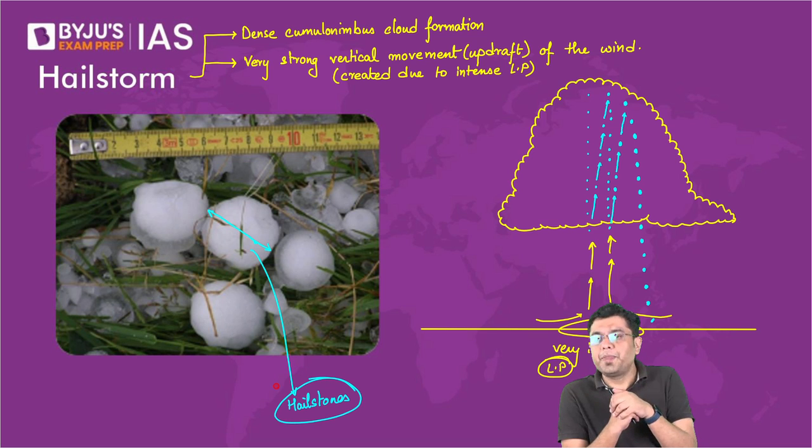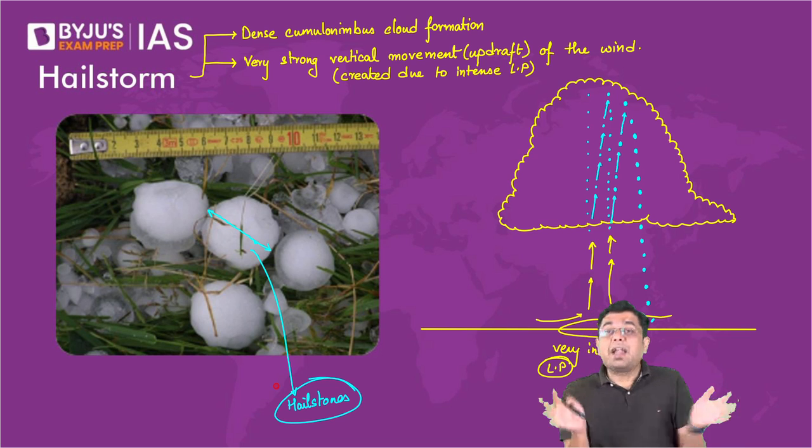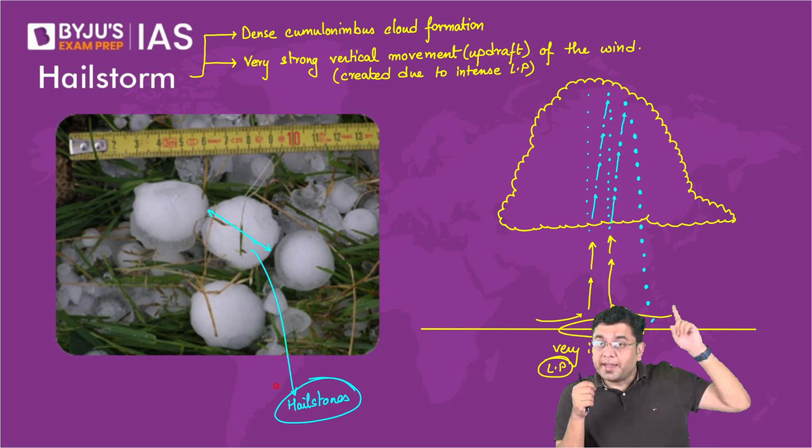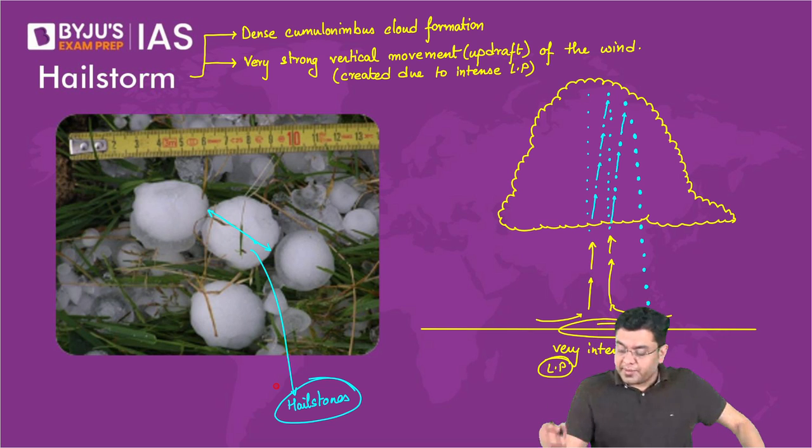That is why whenever you have these hailstorms, you will experience very strong wind motion, because that wind motion is important for the multiple rise and fall of the ice particles.